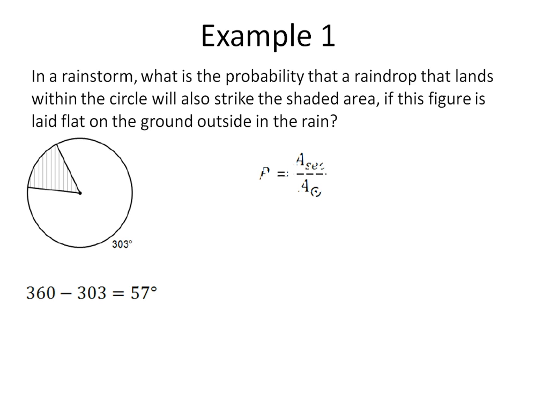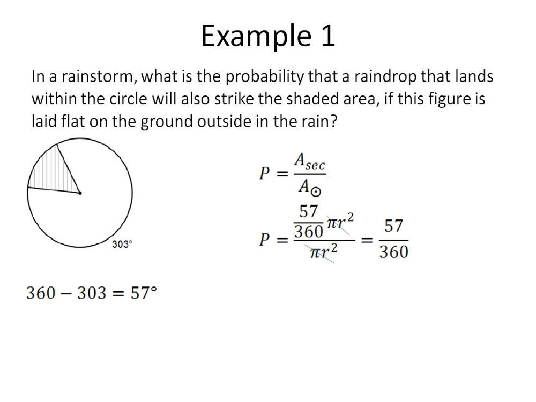So to calculate the probability, we need the area of the sector divided by the area of the circle. So the probability is equal to 57 over 360 times pi r squared, which is all one term, divided by pi r squared, which reduces to 57 over 360 because the pi r squareds cancel each other out.